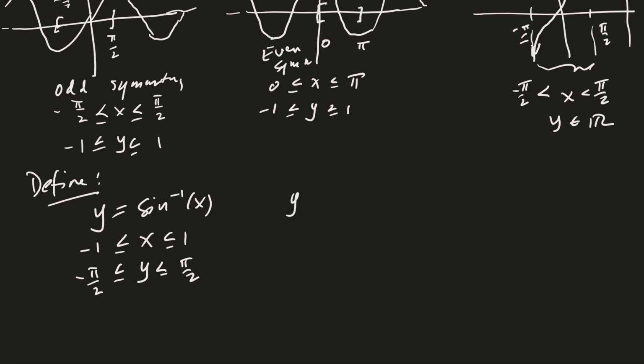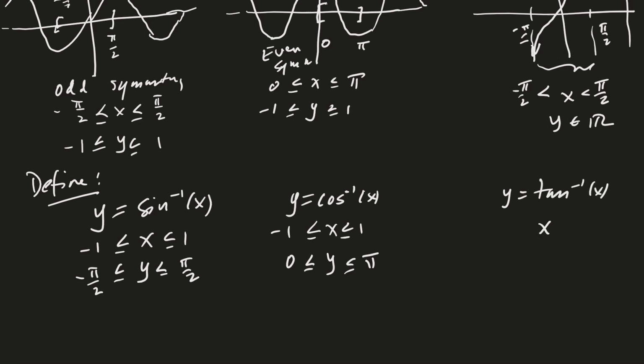Similarly for the cosine, the x values, what you put into the inverse cosine, are numbers between minus 1 and 1, and you output angle measures between 0 and pi. And so for the inverse tangent, you put in any real number, but what comes out is stuck between minus pi over 2 and pi over 2.